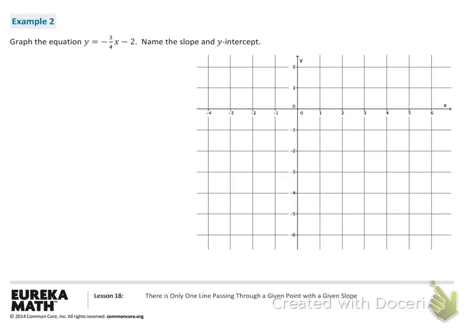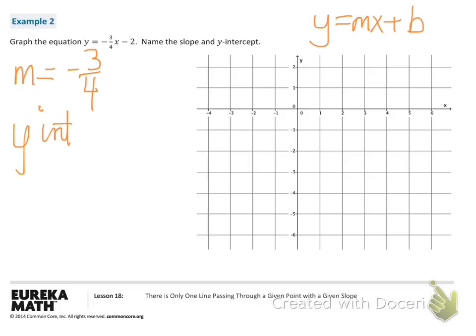We want to graph the equation y equals -3/4 x minus 2. So name the slope and the y-intercept. The slope is the coefficient of the x term, so it's -3/4. And the y-intercept, in this case, now notice I have -2, but the equation is y equals mx plus b.